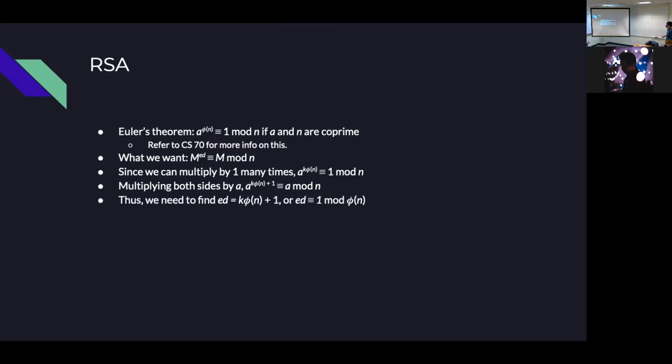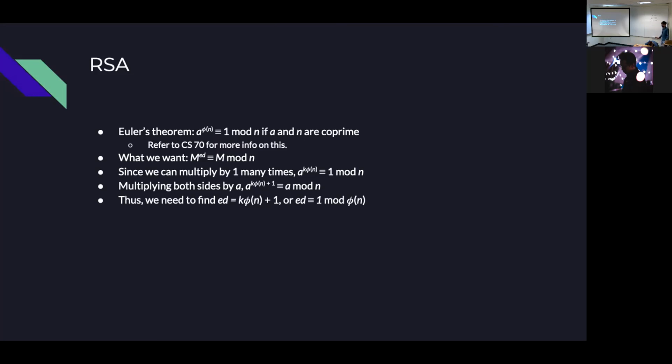So how do we find these values? Well, if we're trying to find two values, E times D, that multiplies to something mod phi of n, because we are taking any multiple of phi of n and then the remainder is 1. So we're trying to find E times D mod phi of n to be 1.